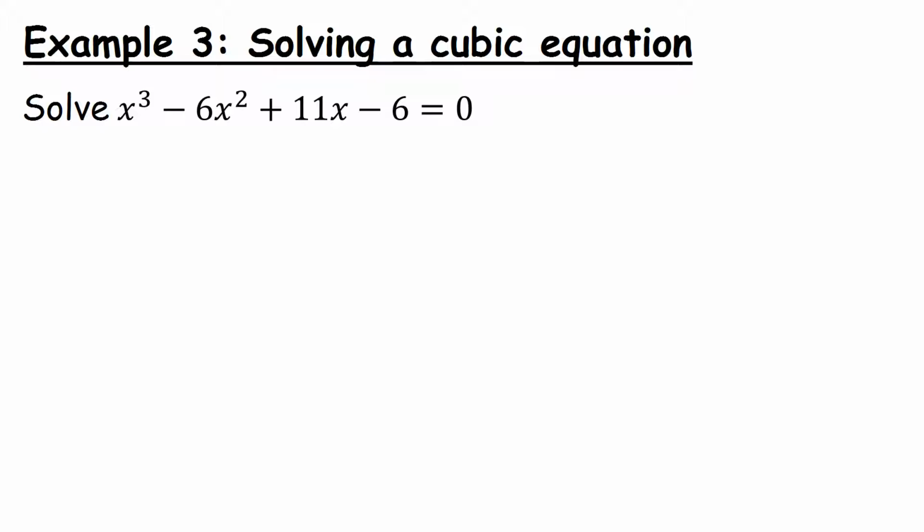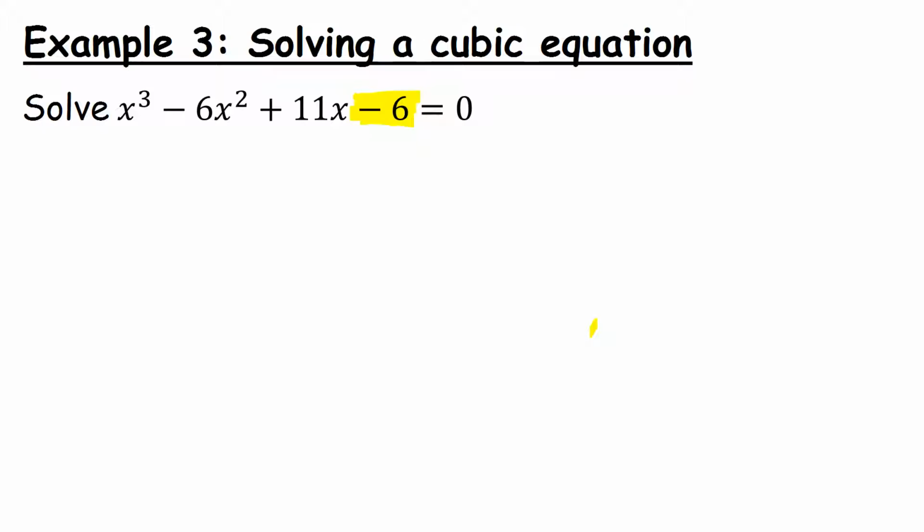It's important when we start one of these that we don't just start blindly thinking, oh, I'll just start subbing in 1 and minus 1 and 2 and minus 2. It's important to look at this number here. This is minus 6. So one of the roots is going to be a factor of minus 6.